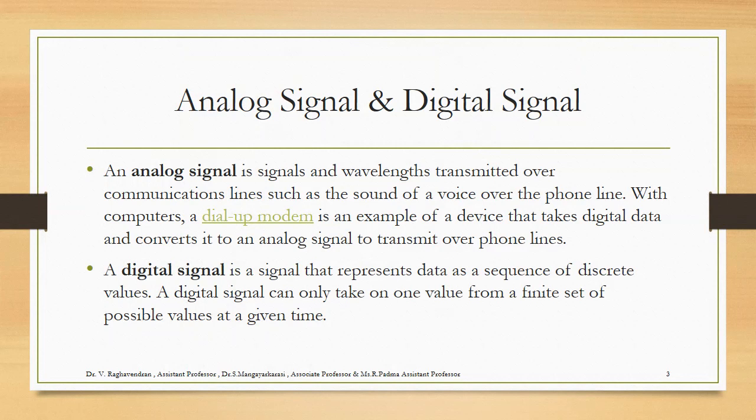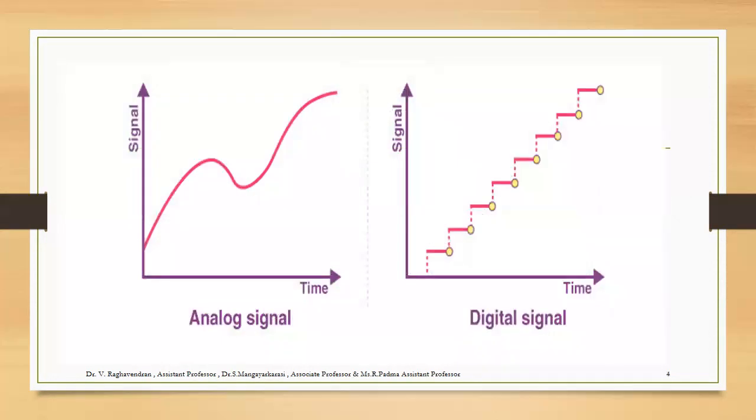So the next one, digital signal. A digital signal is a signal that represents the data as a sequence of discrete values. In this digital signal, it can take only one value from a finite set of possible values at a given time. So this is the example of analog signals and digital signals.